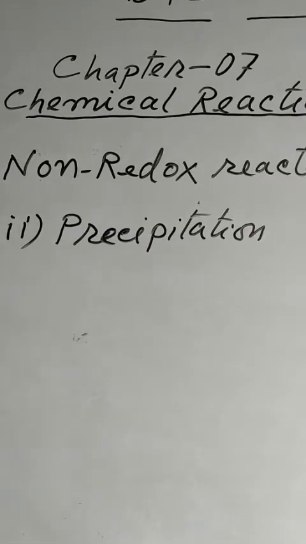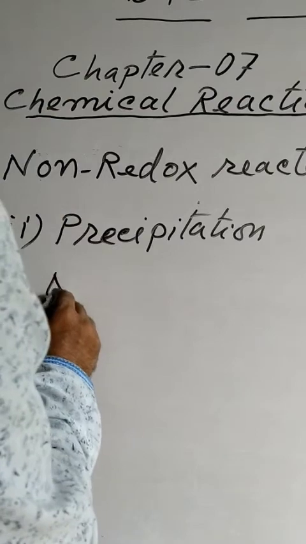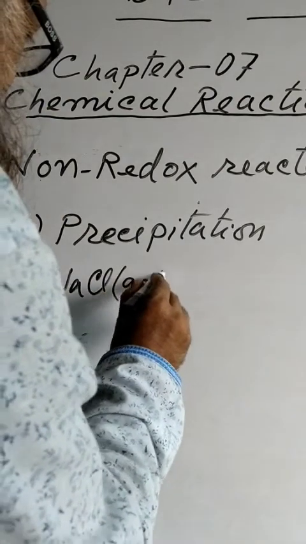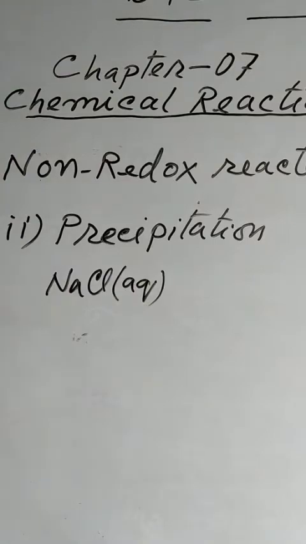For example, sodium chloride is soluble, written as aqueous, that means soluble.